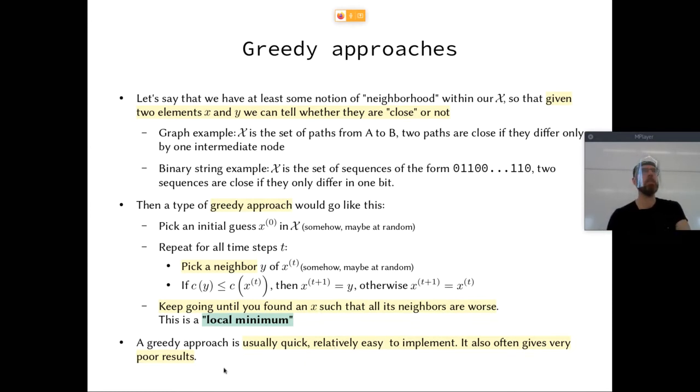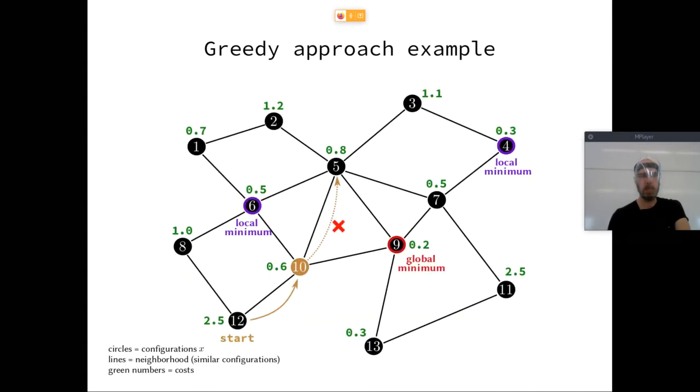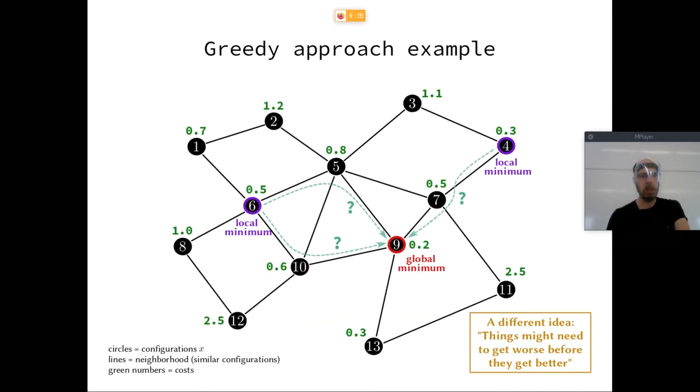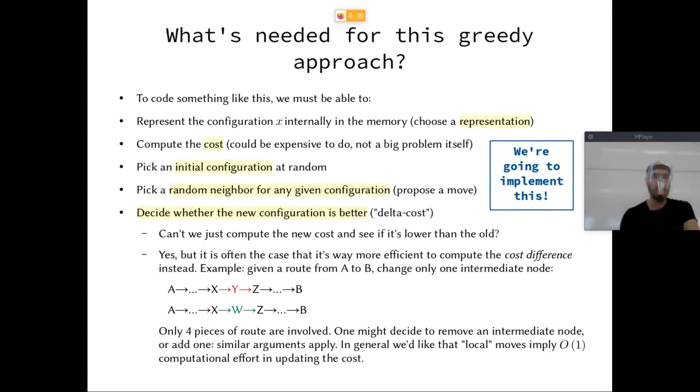It usually gives very poor results, unless the problem is easy to solve, and in such a situation it's likely that there are much better algorithms than this. But this one is easy to think about and implement. As I said, it's going to be a starting point. This is the one we are going to implement today.